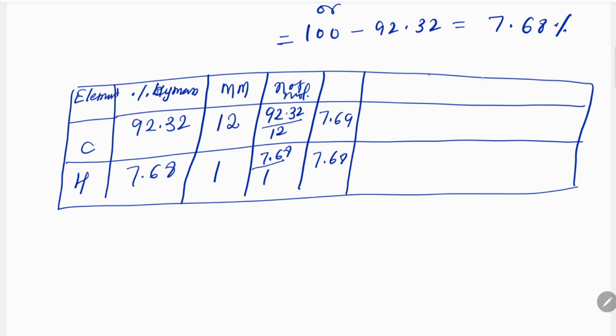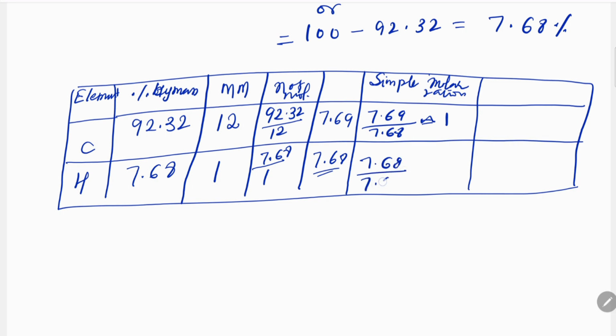What we are going to do is calculate the simple molar ratio. How do we do it? We take the numbers and divide by the smallest number. Both are almost the same. So 7.69 divided by 7.68 is approximately 1, and 7.68 divided by 7.68 is equal to 1. So the simple molar ratio will be 1 and 1.